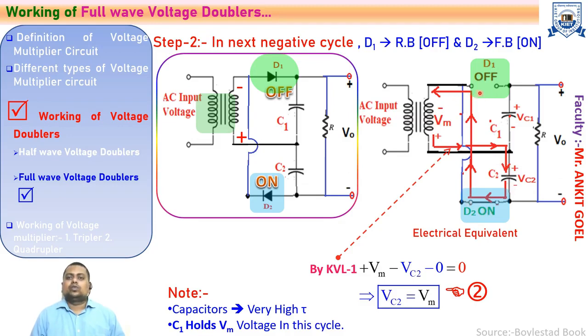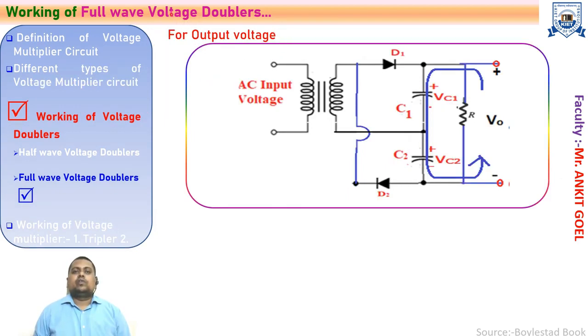There will be no current flowing through this diode D1. So you will get the equation as plus Vm minus Vc2 equals 0. So the capacitor voltage will be charged to the input peak voltage Vm. Note that due to the very high time constant of the capacitors, they will hold the voltage sufficiently for the next positive half cycle. The output voltage for the full wave voltage doubler can be given from this circuit arrangement.